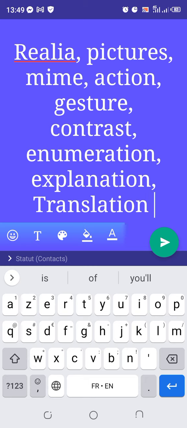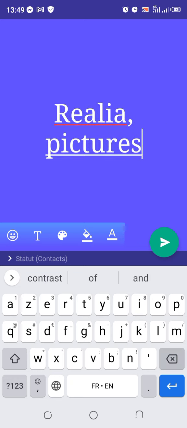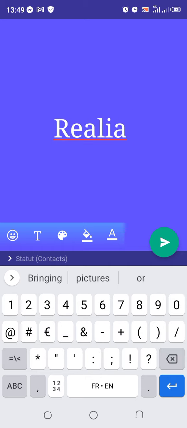So guys, those are some kinds of vocabulary that we've got in English language teaching. So let's come back to the explanation. When we take realia, what does it mean? Bringing realia or things into the classroom is one of the ways of presenting a new word. So in this way, the teacher can bring a real object.